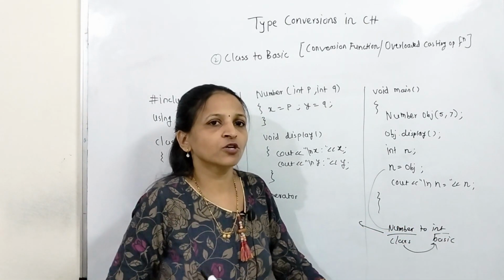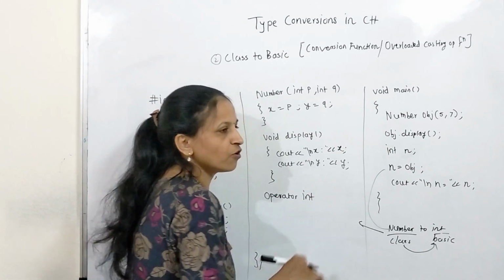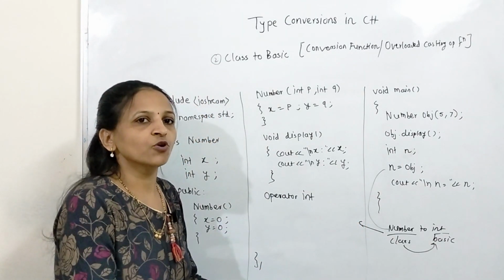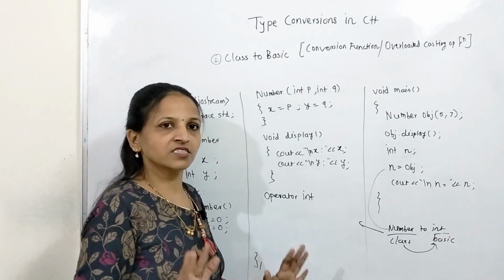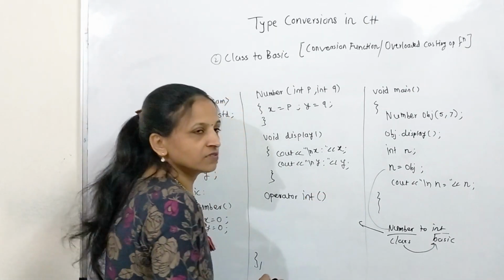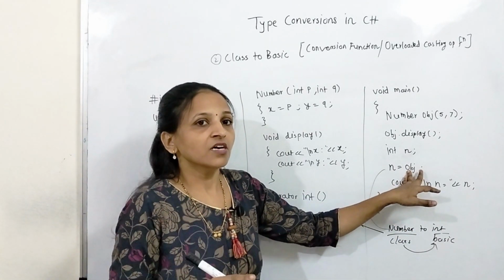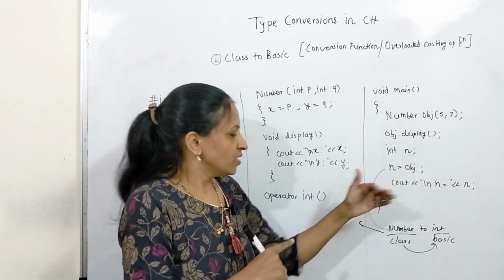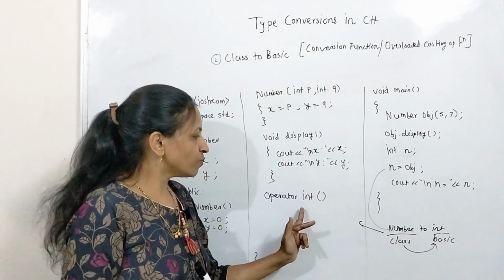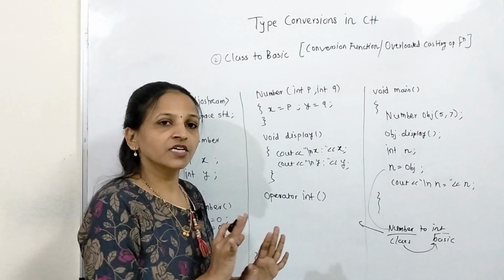I just want to convert an object of this number class to integer. Then we have to write operator int. If you want to convert to double, write operator double. If you want to convert to float, write operator float. Now operator int: don't pass anything, because whatever that object is, it is nothing but the calling object itself. Here obj is the calling object of this function.